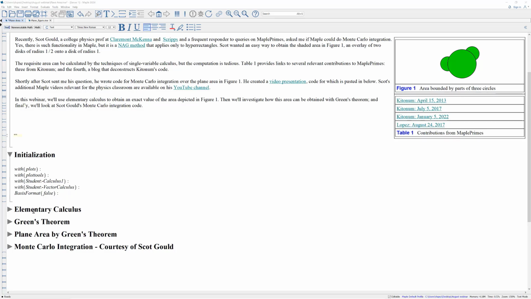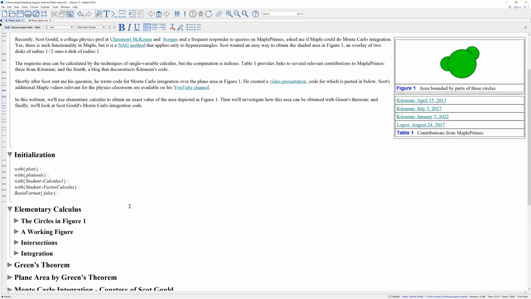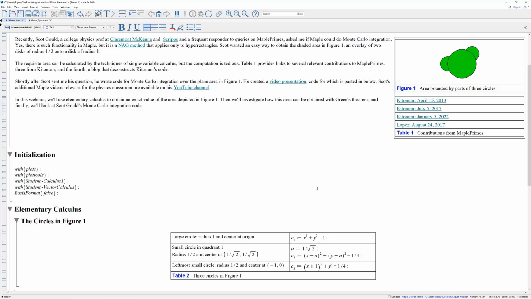I solved this problem with elementary calculus techniques just to see how difficult that was going to be. And so the very first thing you need to do is represent the circles. So the unit circle here I call C1, 1 over the square root of 2 I called A because I didn't want to have to keep typing that.